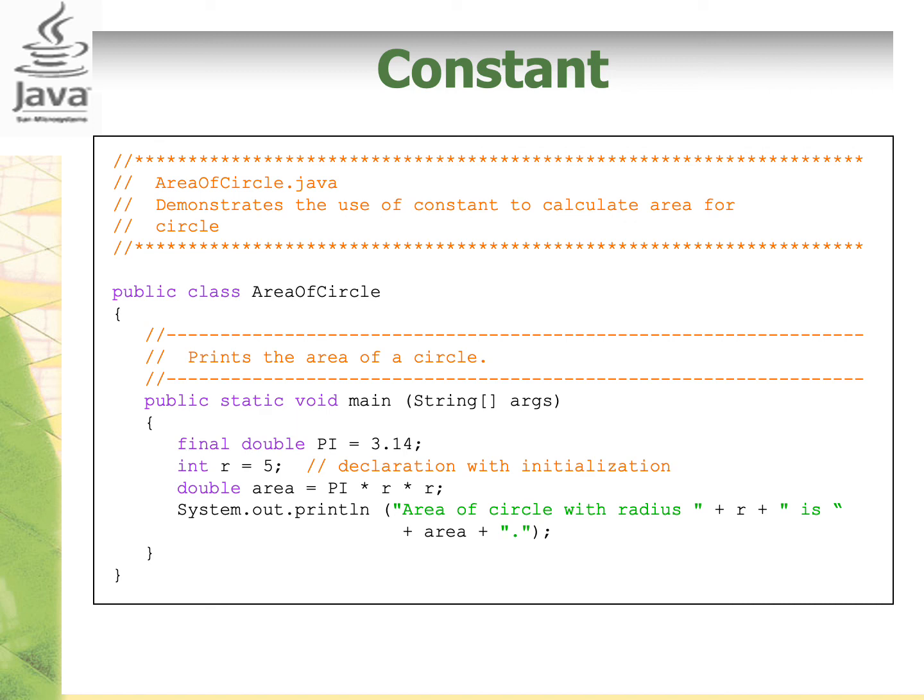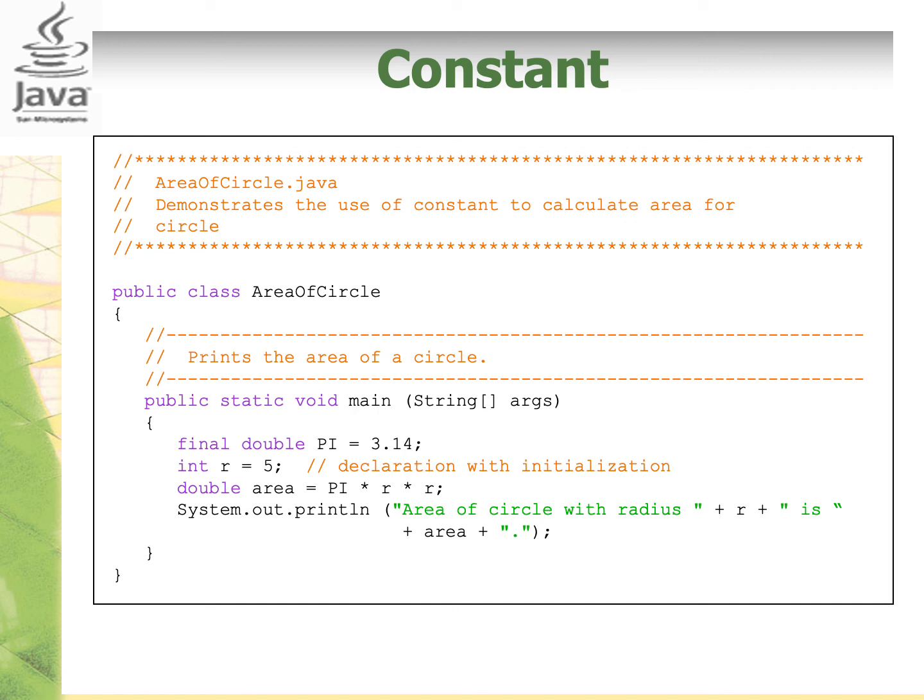When it does the calculation of the area, it will take the value of PI, which is 3.14, and the value of r, which is 5. From this code, we can see that since we initialize the constant PI and variable r, if we were to change the values, we only need to reassign the values once without having to replace it everywhere in the code.